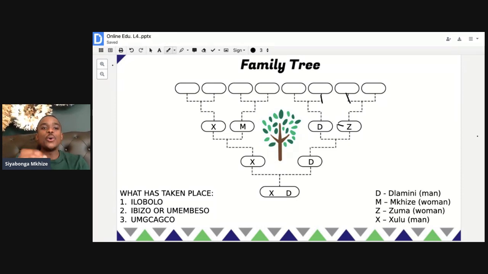If you're conceived within perfect wedlock, your surname can never change. The people that must handle your ilobolo and all your other ceremonies must be the family in which you were conceived, regardless of what happened between your mother and father, or your grandparents. I hope that makes sense.